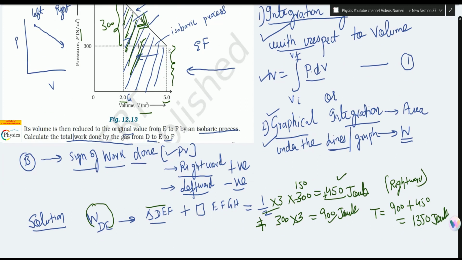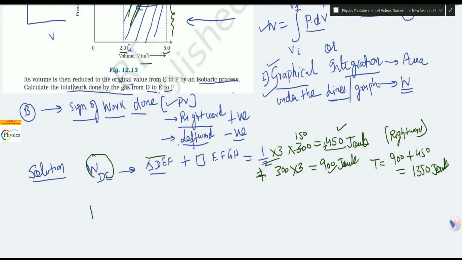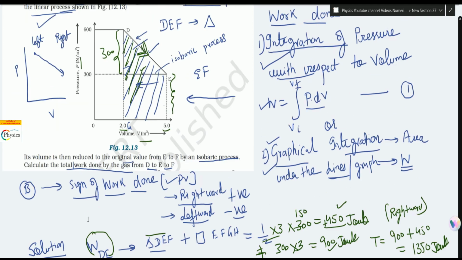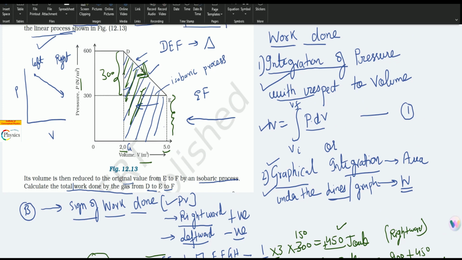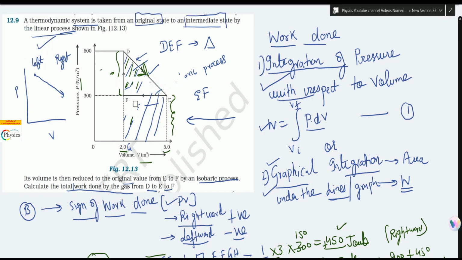So now we have to calculate the work done under EF also. If you can see, EF is moving leftward. Let me make it clear and remove this. So you can see that E to F is moving leftward.